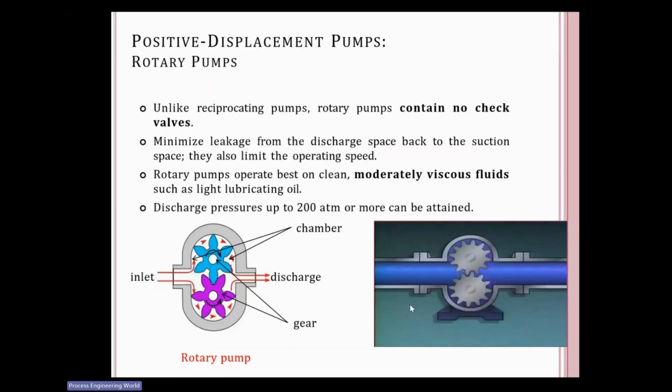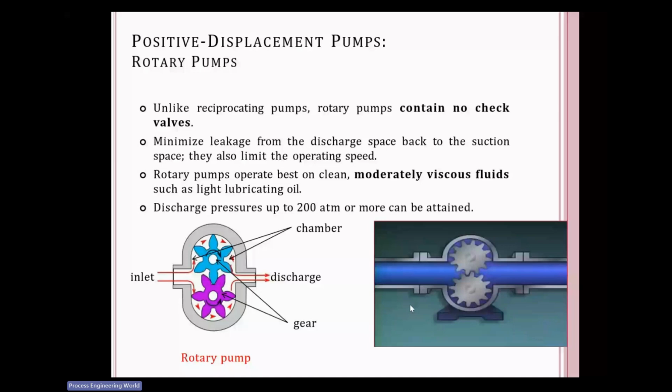In one or two cases, you might be knowing Indraprastha refinery in Panipat. Do you know Indraprastha refinery in Panipat? No, sir. So there is one refinery in Panipat which is known as Indraprastha refinery. There was one case there where they were using a rotary pump and expecting that it will not deliver a pressure higher than 200 atmospheric.